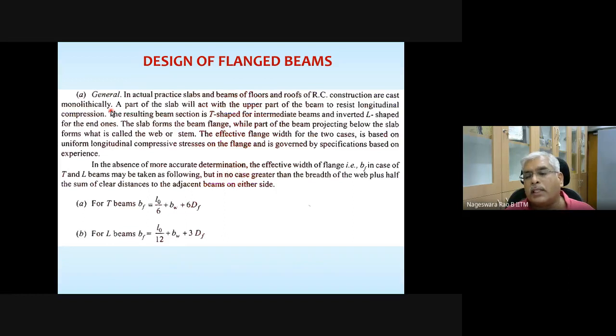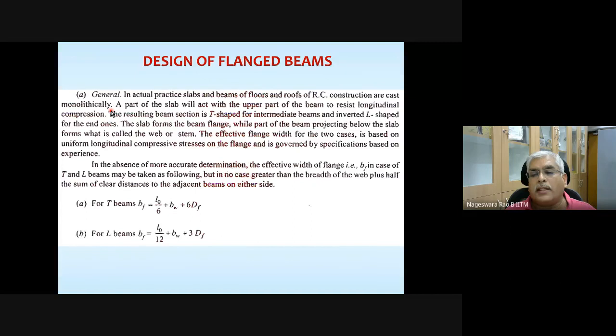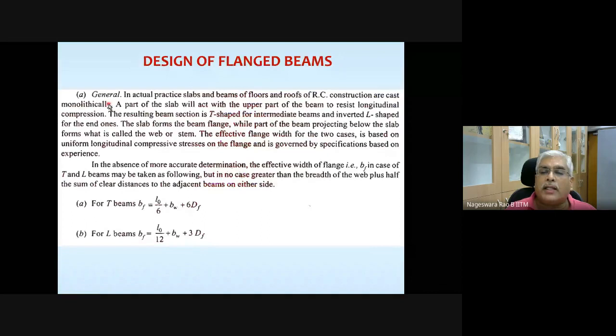If you visit any construction site, the reinforcement cage for the beam and the slab will all be made, and then they will start concreting beam and slab together. So they are going to act in a monolithic manner. Because they are cast monolithically, a part of the slab will act with the upper part of the beam to resist longitudinal compression.